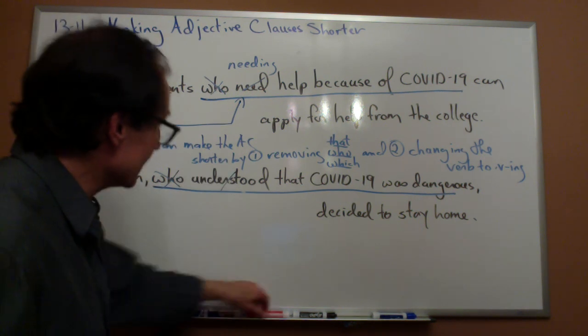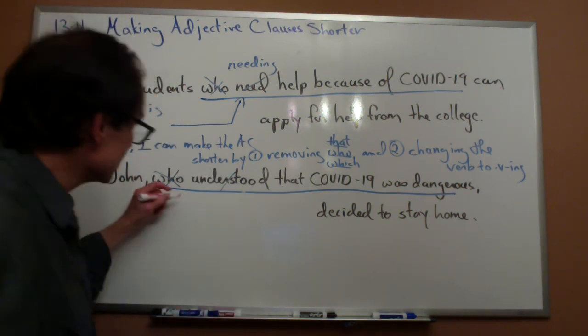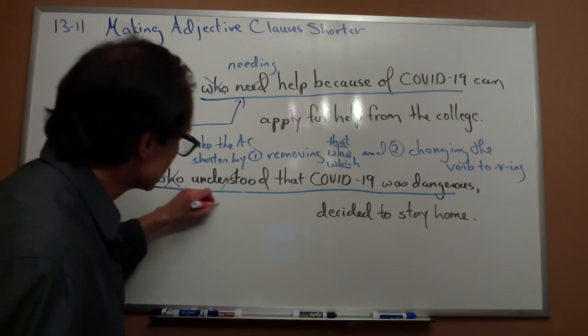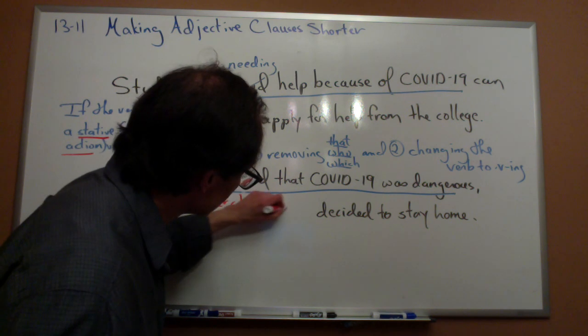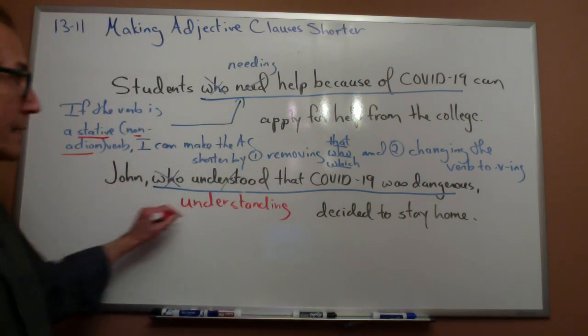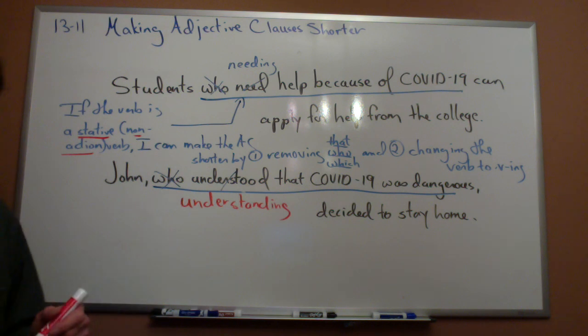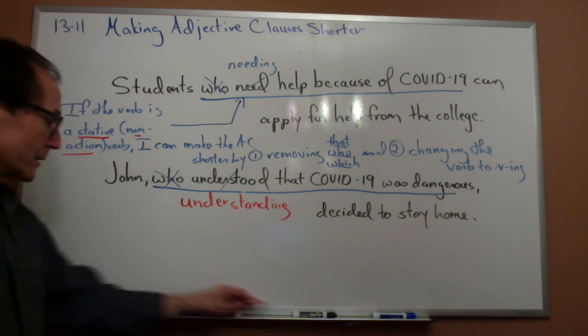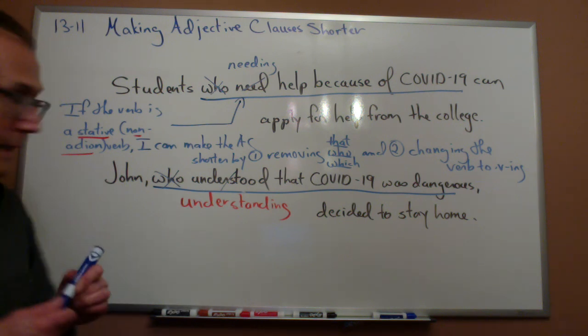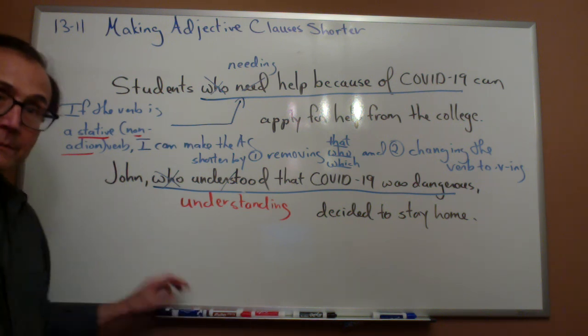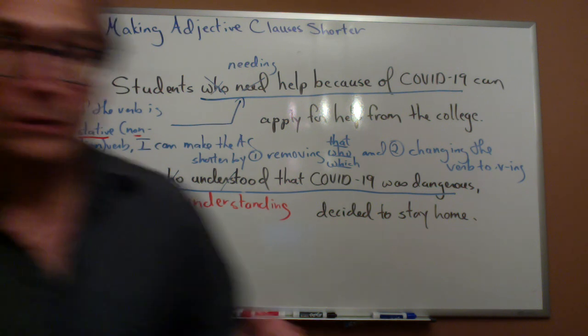And I say, John, comma, understanding that COVID-19 was dangerous, comma, decided to stay home. Again, notice if the long way has the comma, the short way also has the comma.